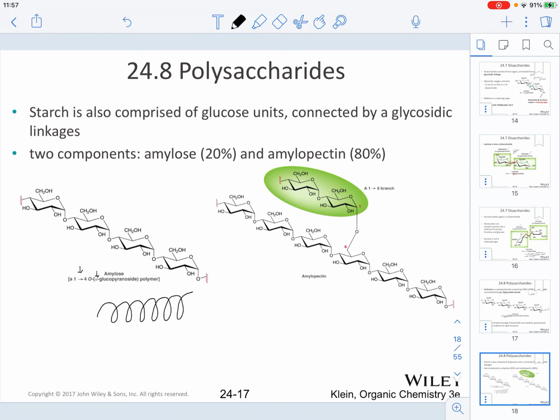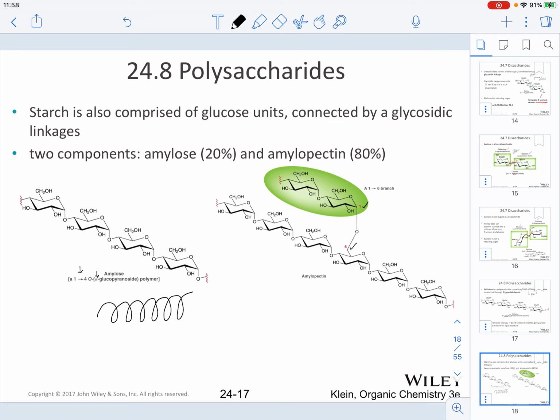When it comes to amylopectin, you have that strand of alpha 1,4 glucose molecules. But one of the things that is observed in amylopectin is that it has branching. And that branching happens between the anomeric position and carbon 6 of glucose. So not only do we have the alpha 1,4, we also have the alpha 1,6.